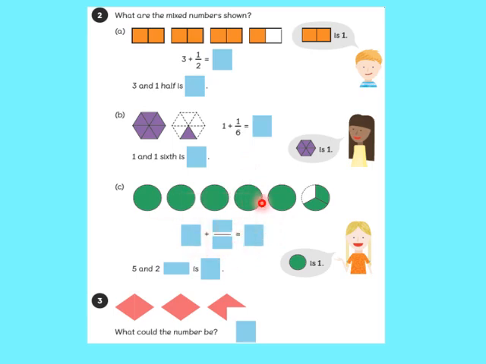So you'll look at all these wholes, and then when you look at this final circle, how many pieces has it been divided into, and how many of them are shaded? And for question 3, we have some shapes down here, and it asks, what could the number be? Have a go at the guided practice, and then we'll look at the answers together.